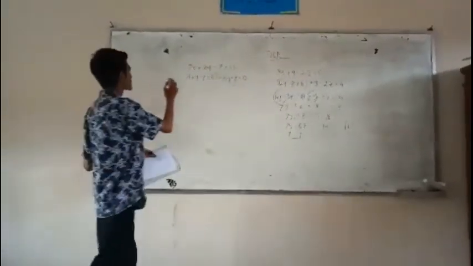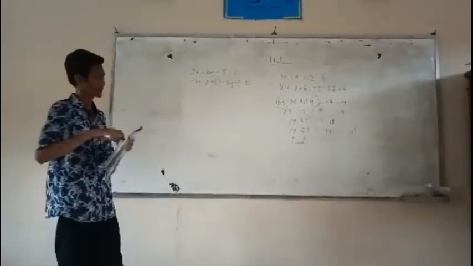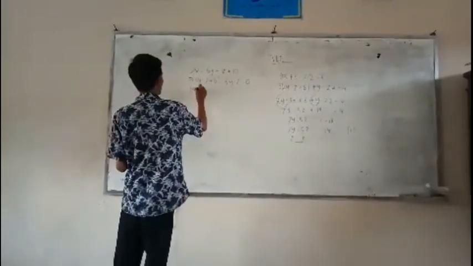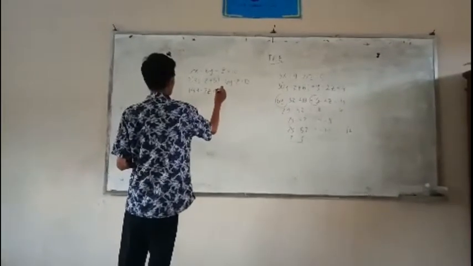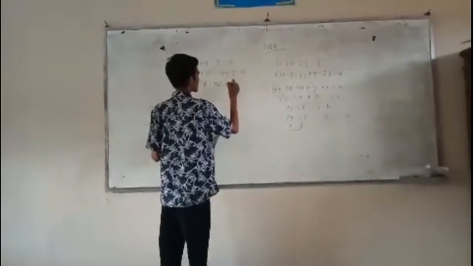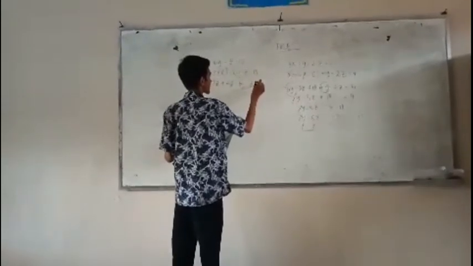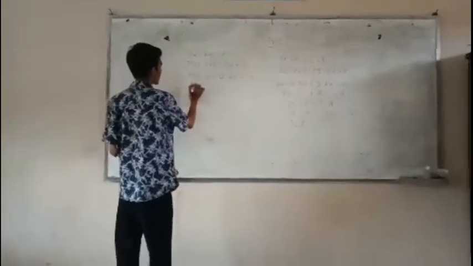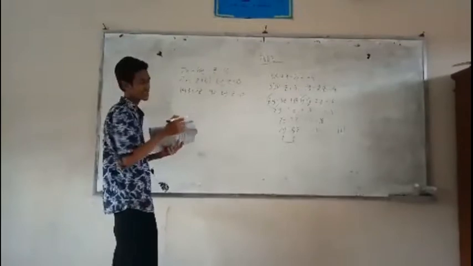Usually, multiplication is distributed. So 14y minus 7z plus 42 minus 6y minus z equals 10. 14y minus 6y equals 8y.